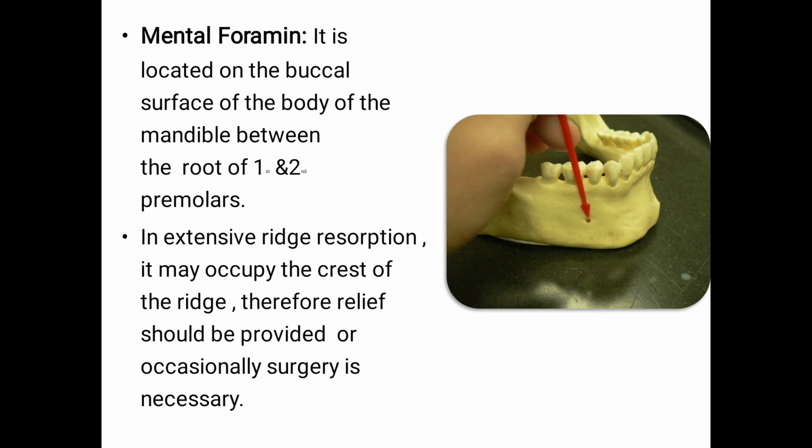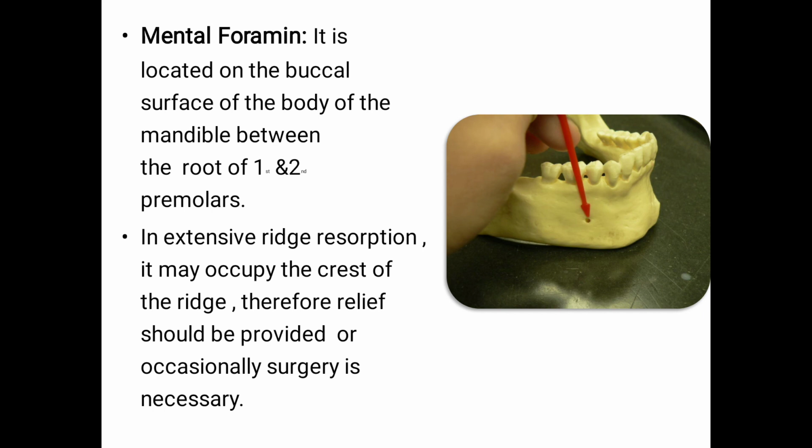As we all know, the mental foramen is an emergence of the mental nerve. طلع منها mental nerve. So any pressure in the mental foramen make discomfort for the patient. Patient may feel paresthesia and pain لأنه الدنشر بيكون ضاغط على الفورامين دي.